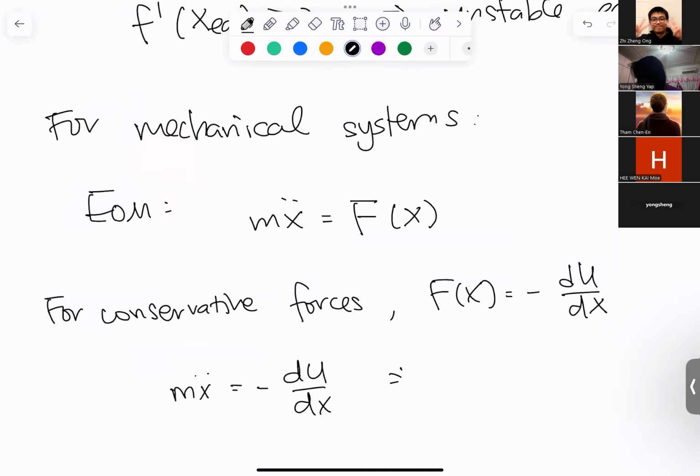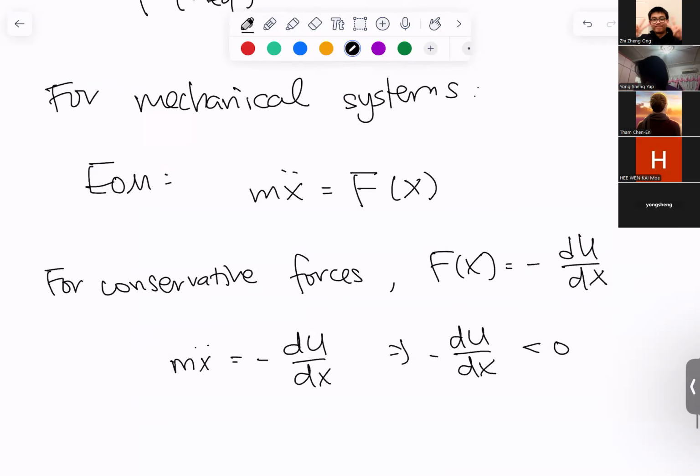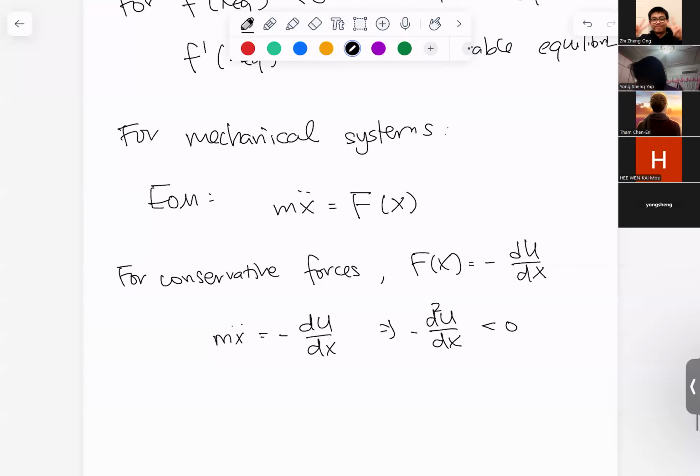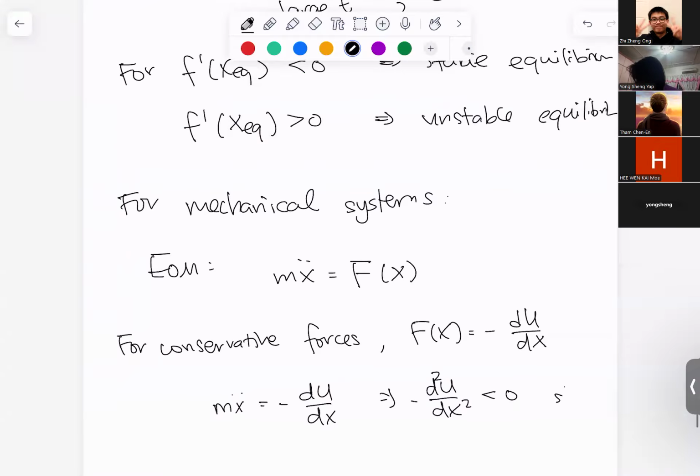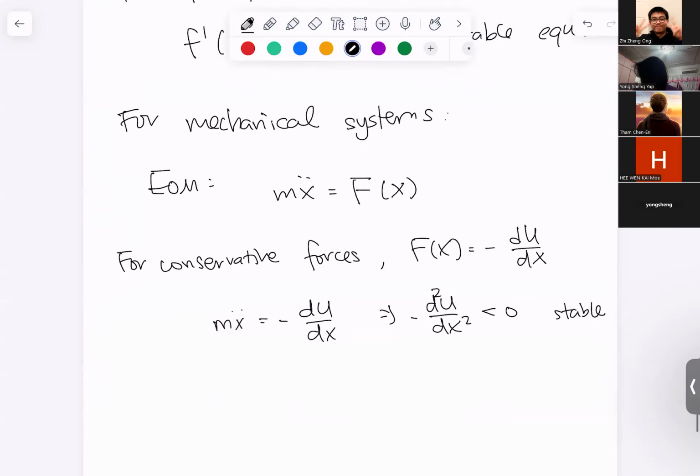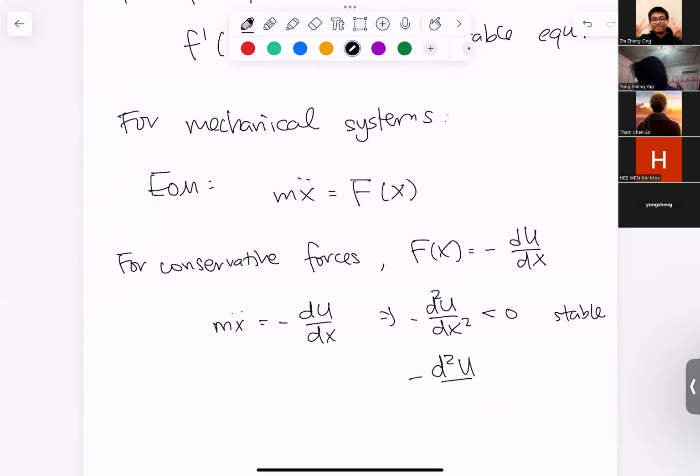This basically tells you that if the negative of the second derivative of u is smaller than zero, this is a stable equilibrium. And if negative d squared u over dx squared is larger than zero, this is an unstable equilibrium in terms of the potentials, okay?